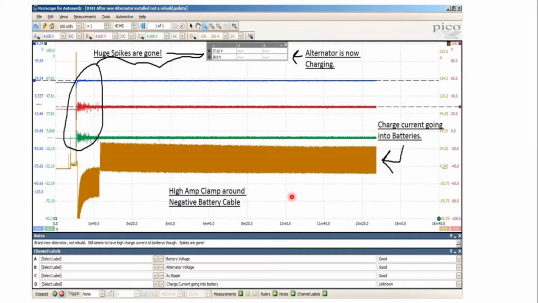brand new alternator. And the reason why is because when batteries get severely discharged, they turn into more of a load than a power supply. So as their potential difference goes down, they turn into more of a load. They draw more current. They demand more current.